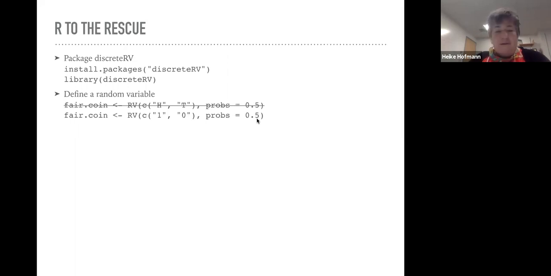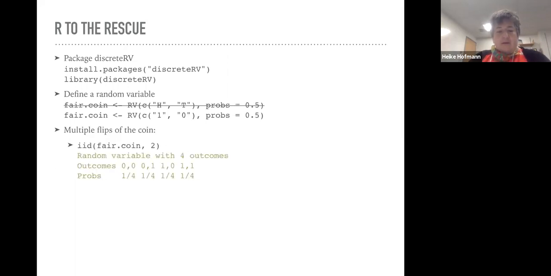So now let's assume that we're flipping this coin multiple times. The call for that is IID, for we're now implementing 2 coin flips that have the same distribution and they're independent of each other.